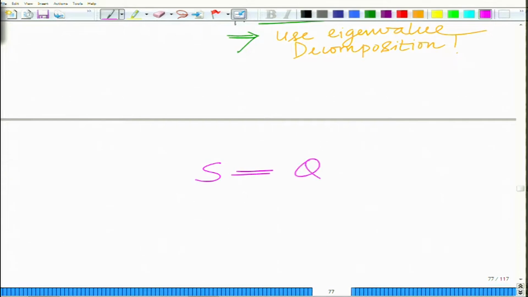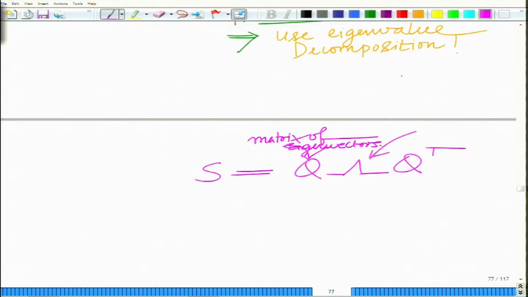I can write S as Q lambda Q transpose, where Q is the matrix of eigenvectors and lambda is the diagonal matrix of eigenvalues.